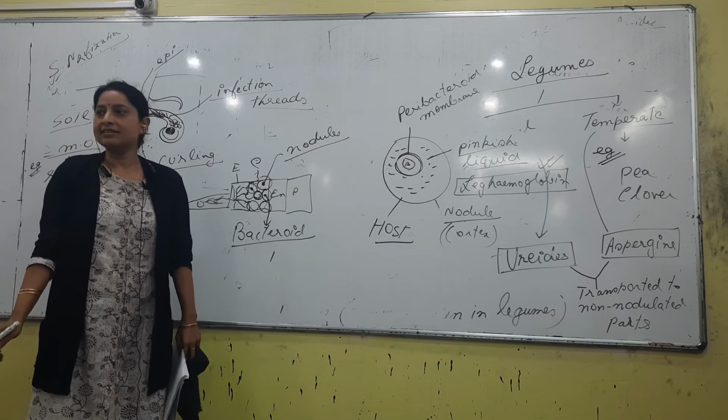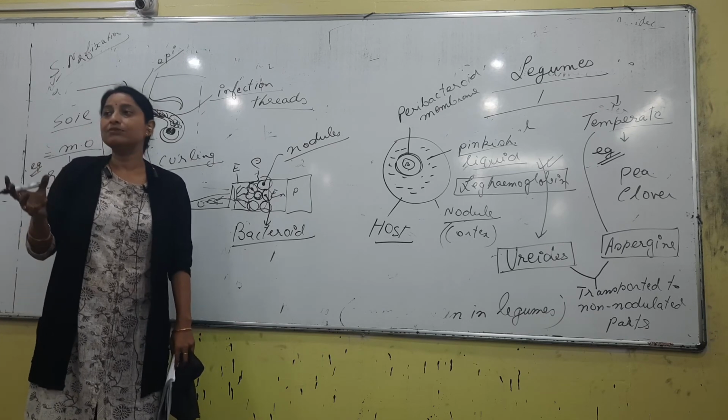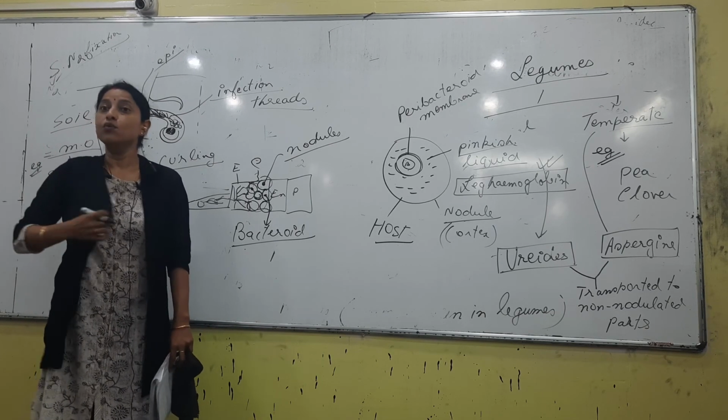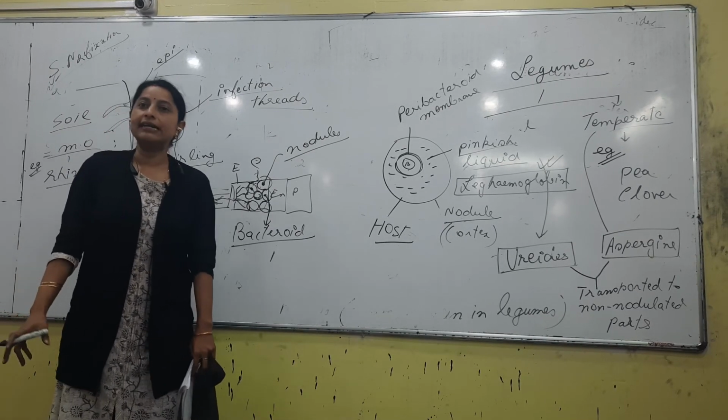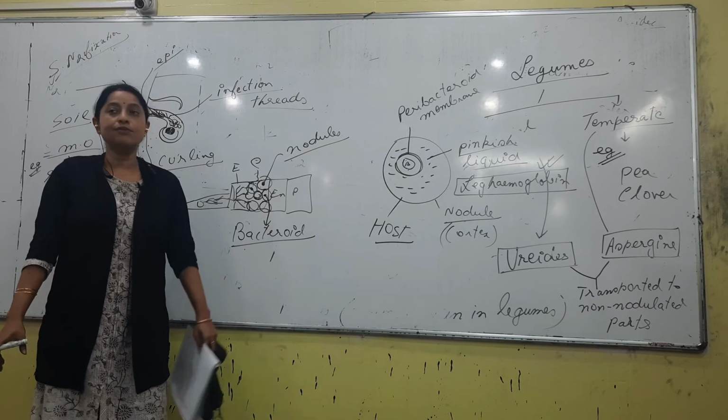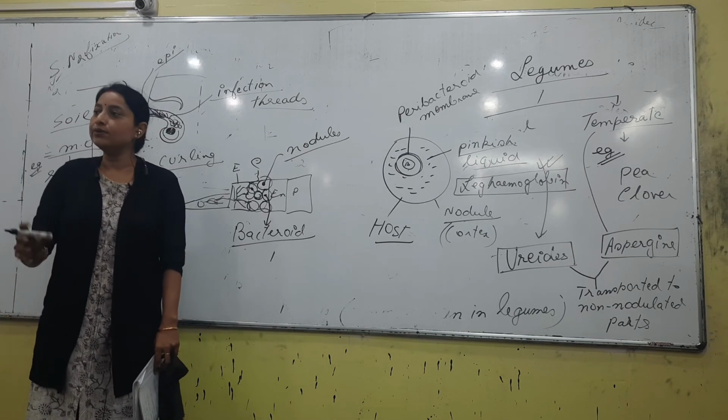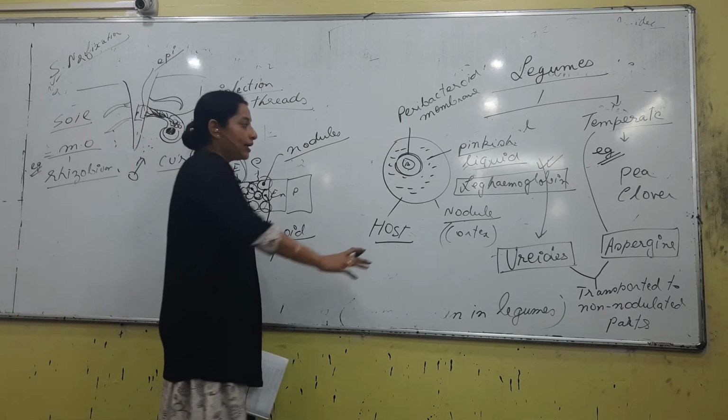Question: who forms or synthesizes LB? LB is leg hemoglobin. What is the color? Pinkish, right? Who formed the peribacteroid membrane? The host. Who is the host? The cortical cells, right? Okay.